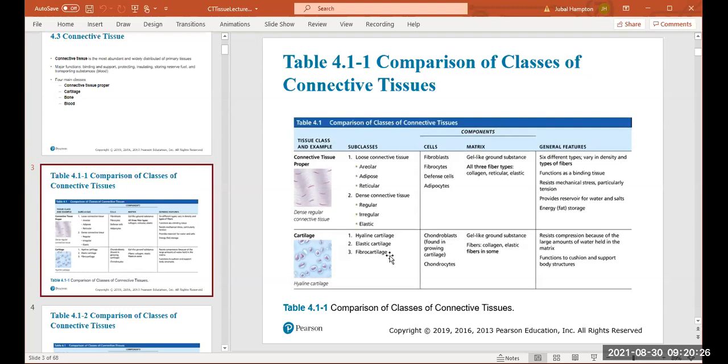Cartilages, three types: hyaline, elastic, and fibro, are made of chondroblasts on down to chondrocytes. Chondroblasts are in the growing stages and are found in growing cartilage as it develops. That suffix, blast, indicates an actively growing immature cell. Cyte indicates a mature end stage cell. Make a note of that.